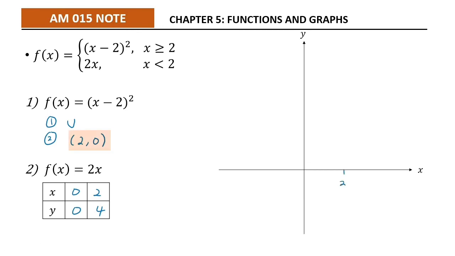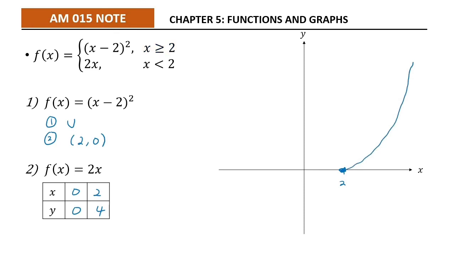Here 2 is included. And then the shape is a smile graph, but the domain starts at 2, so it goes from 2 to infinity.